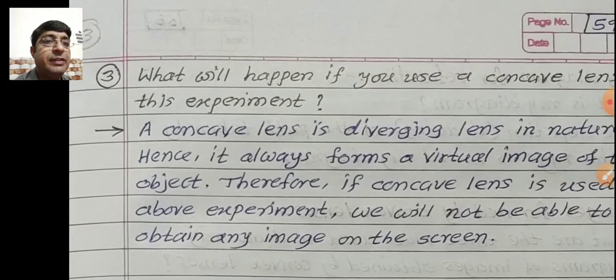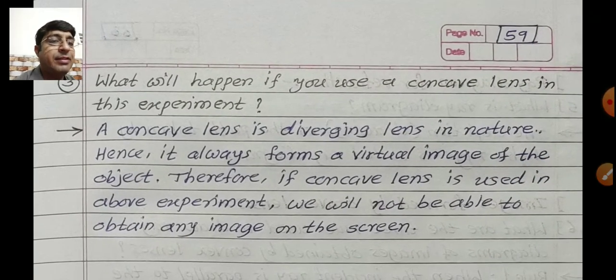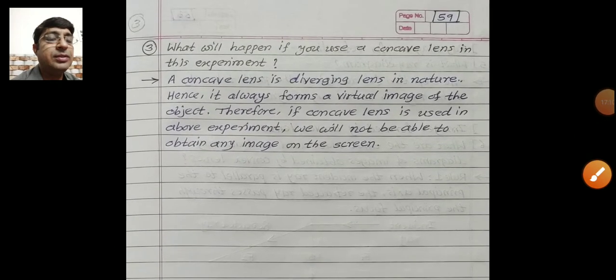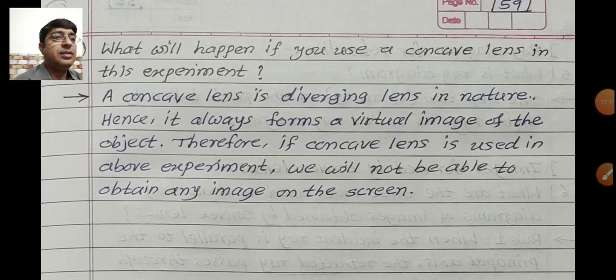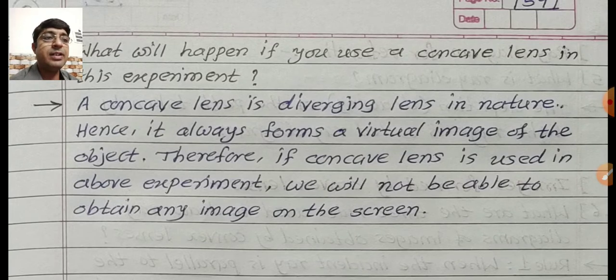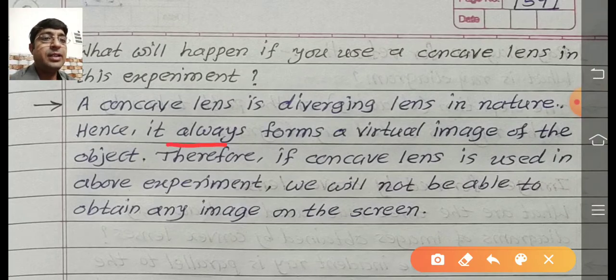Third question given to us: what will happen if you use a concave lens in this experiment instead of convex? A concave lens is called a diverging lens in nature, that we learned in the previous point. Hence, it always forms a virtual image.